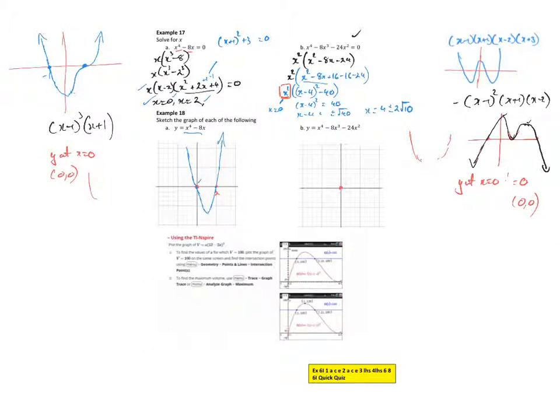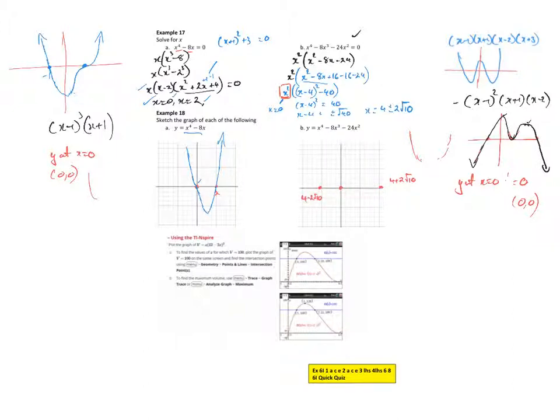We have intercepts at 4 plus 2 root 10, which is clearly going to be over here somewhere. Now, how big is 2 root 10? Well, the square root of 10 is slightly bigger than 3, isn't it? Because the square root of 9 is 3. So it's 4 minus 2 times 3. So it's going to be a negative value. So we'll put it over here somewhere.